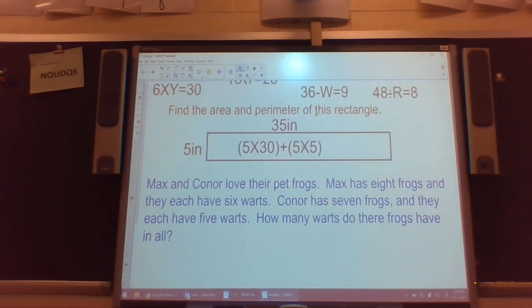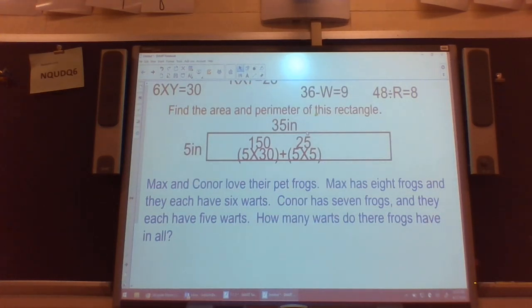Now, 5 times 30 is going to be the same as 5 times 3, and I'm going to tack on a 0. So 5 times 3 is 15. Tack on a 0, it's going to be 150. And 5 times 5 is 25.